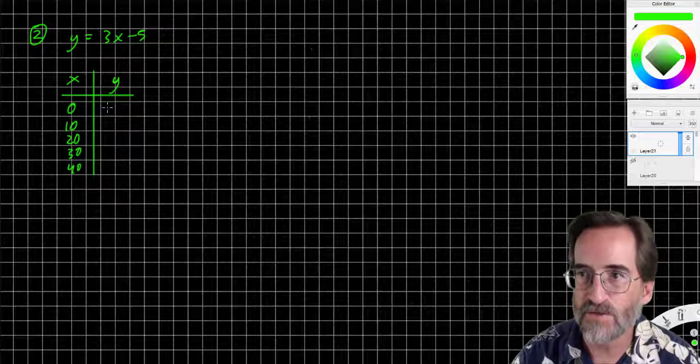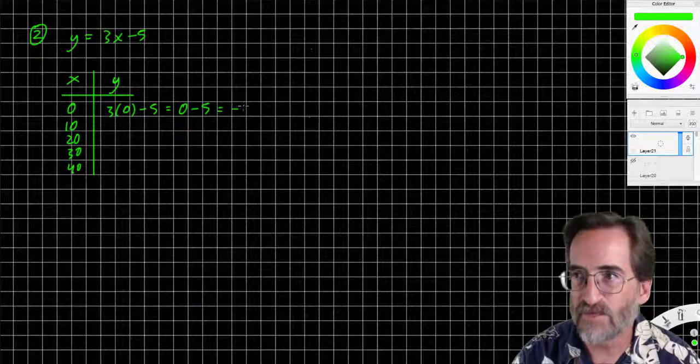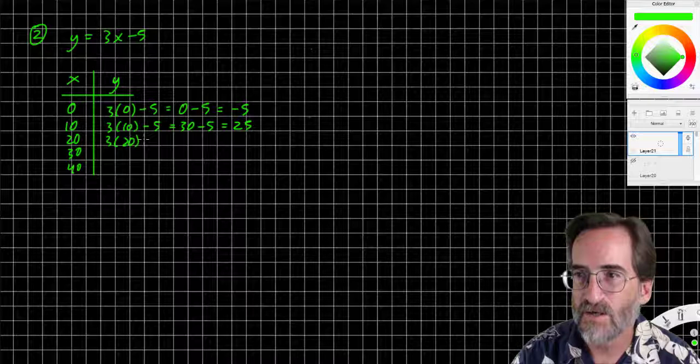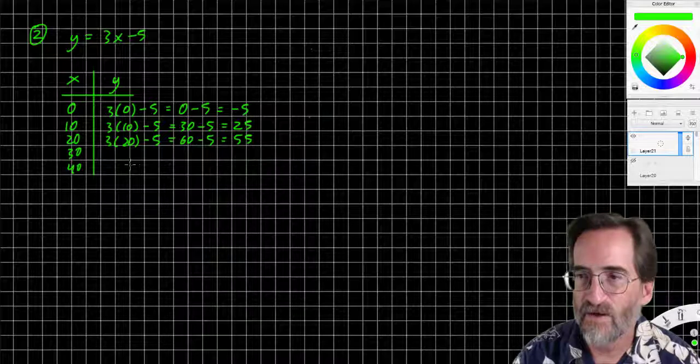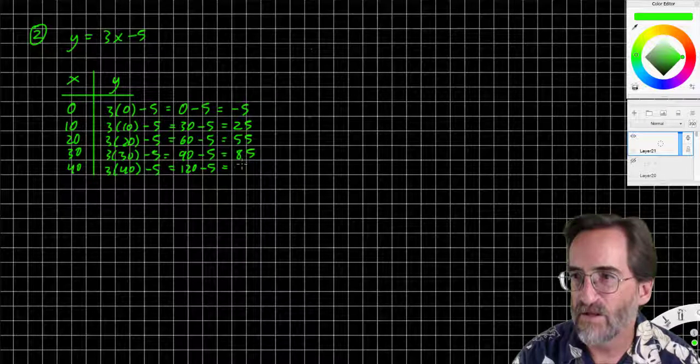I'll go ahead and do the substitution. 3 times 0 minus 5 is 0 minus 5, which is negative 5. 3 times 10 minus 5 is 30 minus 5, which is 25. 3 times 20 minus 5 is 60 minus 5, which is 55. 3 times 30 minus 5 is 90 minus 5, which is 85. 3 times 40 minus 5 is 120 minus 5, which is 115.